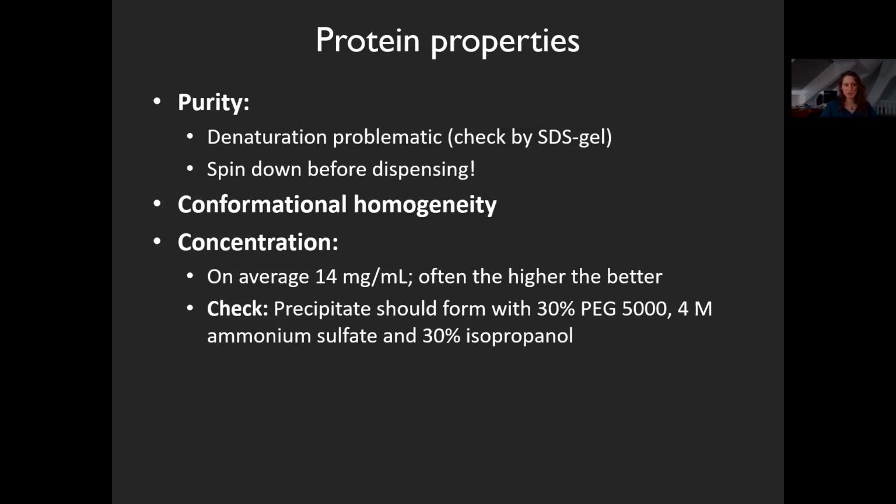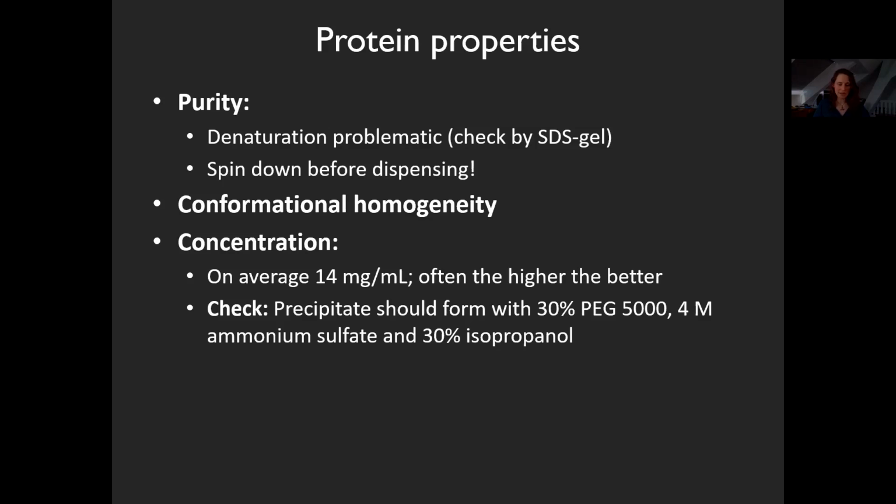And concentration is a very important factor. On average, your best chances are 14 milligrams per milliliter, as a rule of thumb. There are, of course, exceptions. Often, the higher, the better. If the protein is still stable at like 30 milligrams per milliliter, well, you may want to use that and try it.